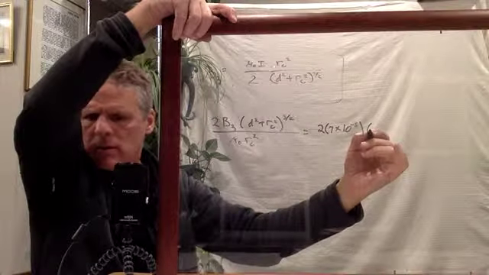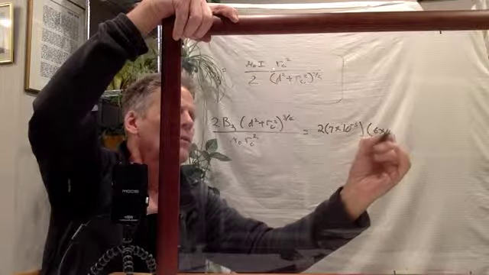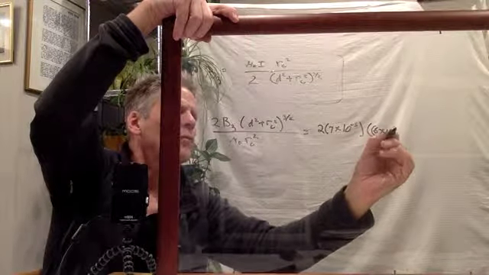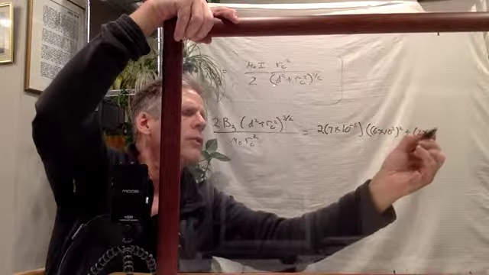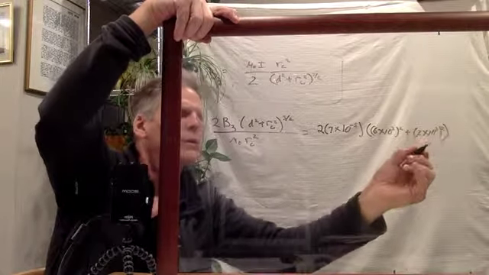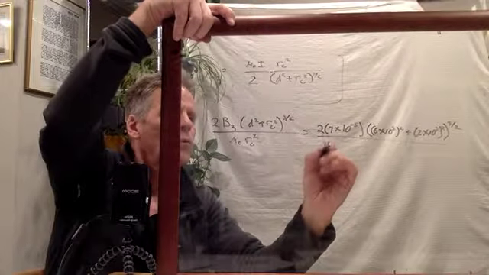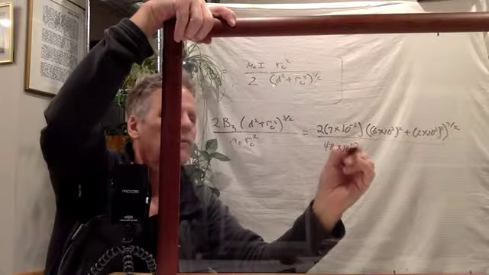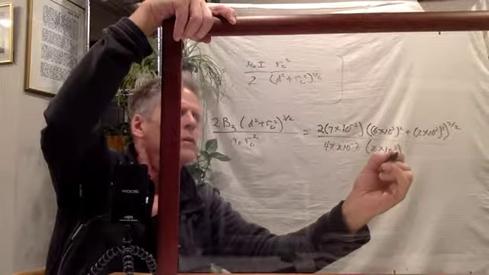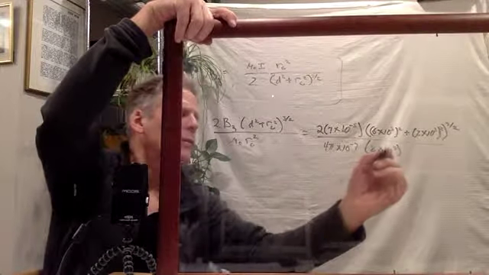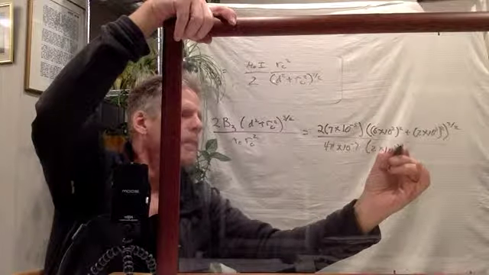Then D is 6 times 10 to the third squared, plus 2 times 10 to the third squared, to the 3 halves, over 4 pi times 10 to the minus 7, times 2 times 10 to the third squared.